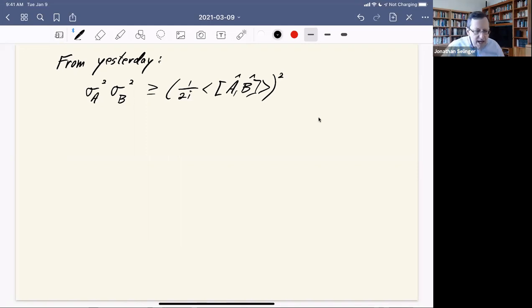And then we had another relation about time derivatives of some operator.